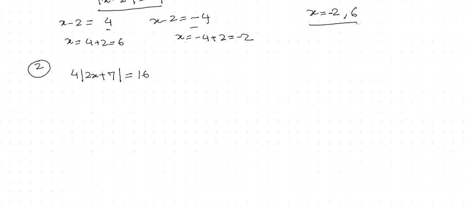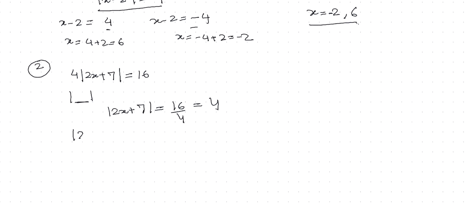Now we are doing this problem. So as we discussed, only the absolute value we have to keep on the left hand side. Everything else bring on the right hand side. So what we'll do, we'll divide by 4 on both sides. So this becomes absolute value of 2x plus 7 equals 16 by 4, which is 4.